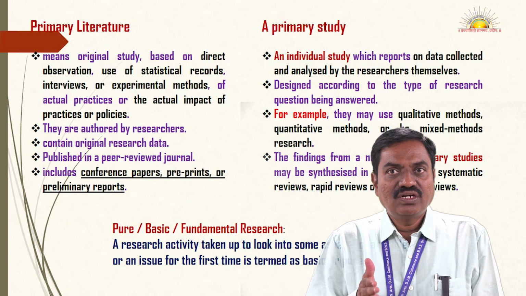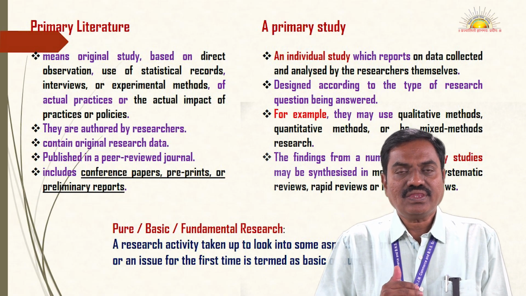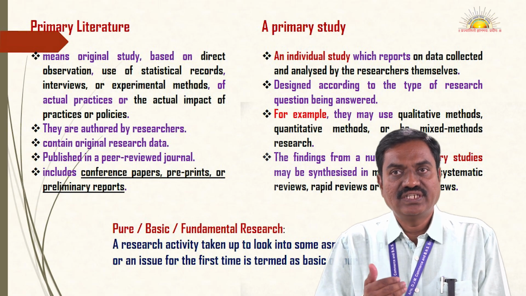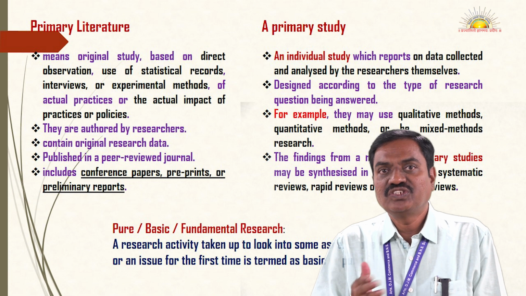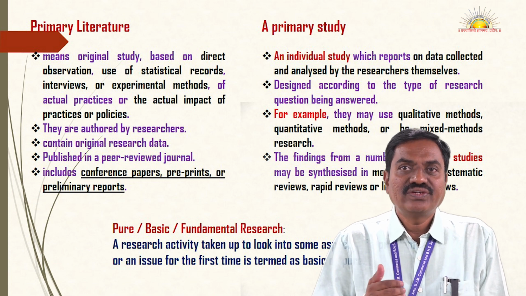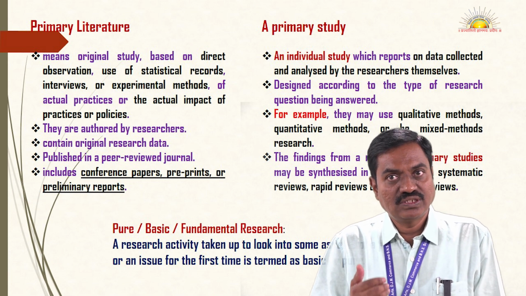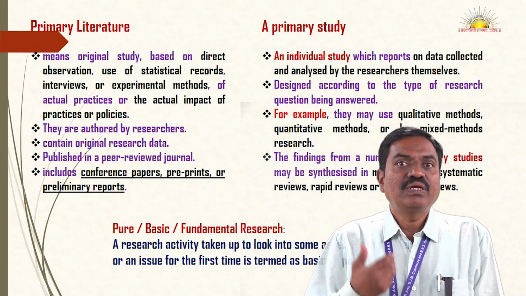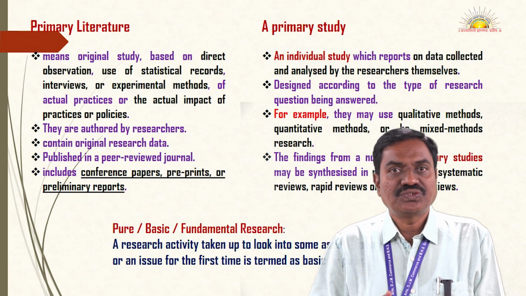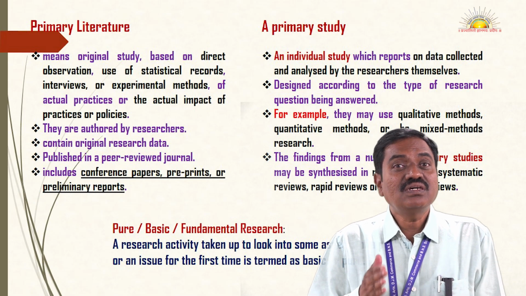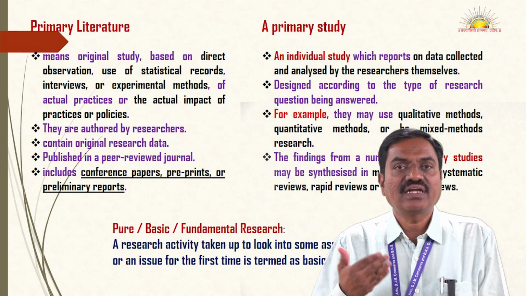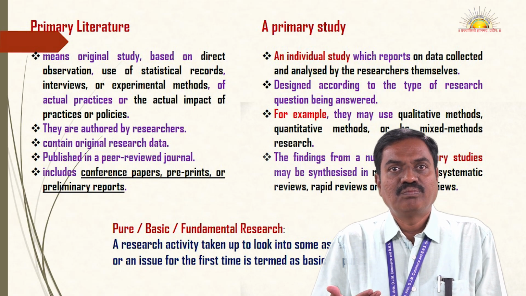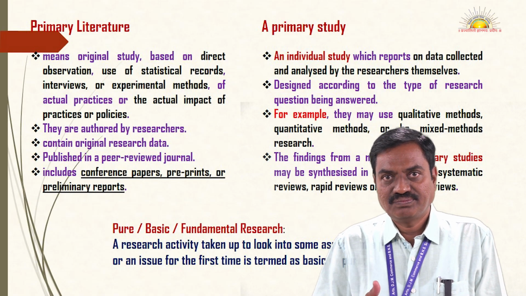They are authored by researchers and they contain original research data. They are usually published in a peer-reviewed journal. Primary literature may also include conference papers, preprints, or preliminary reports. The term primary study refers to an individual study which reports on data collected and analyzed by the researchers themselves.